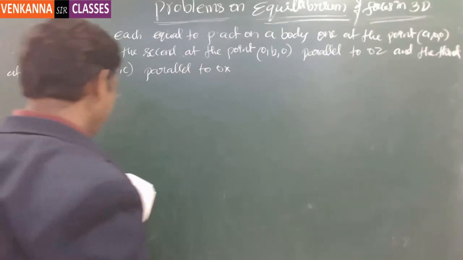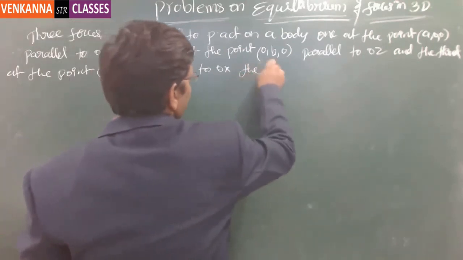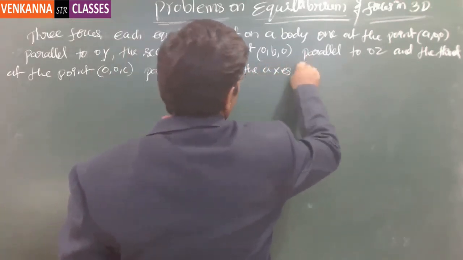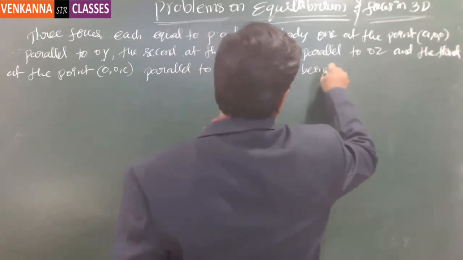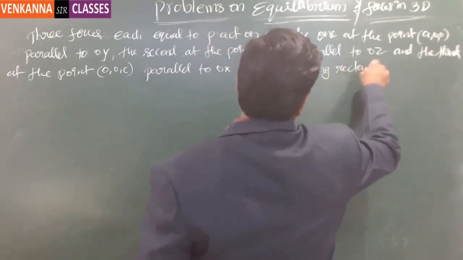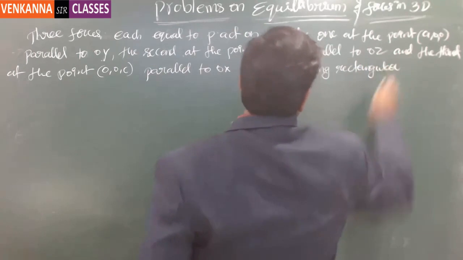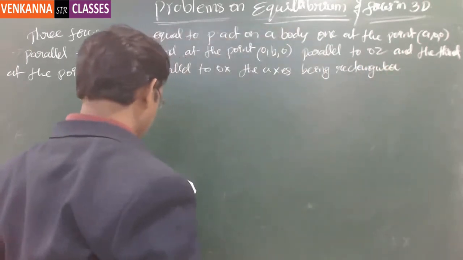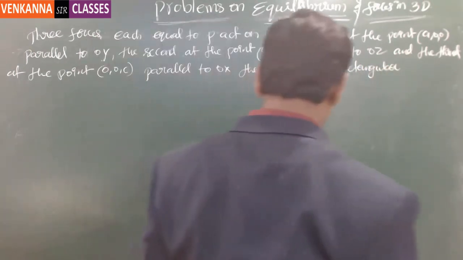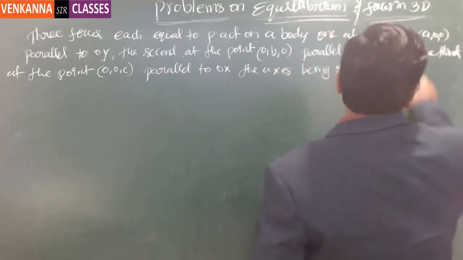The axis being rectangular. Find the resultant range in magnitude and position.